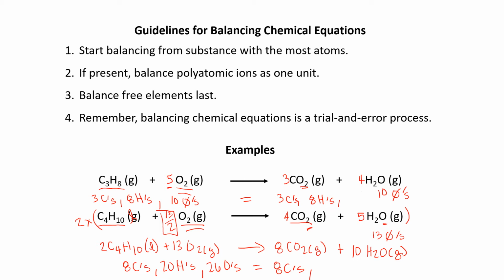And that's 10 times 2 here, that gives me 20 hydrogens on this side. And I get, okay, this is 16 plus 10 times 1, that's 26. So that's 26 oxygens on this side. So I am balanced. All right.